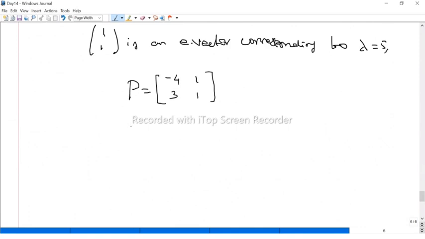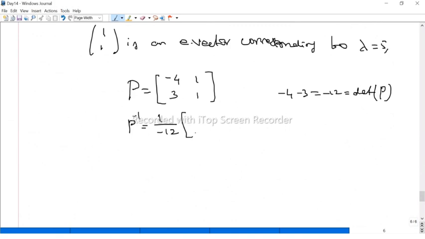Now what is P inverse? For a 2 by 2 matrix, first find the determinant. The determinant of P is minus 4, minus 3, which is minus 7. What is the formula for P inverse? 1 by determinant into adjoint.